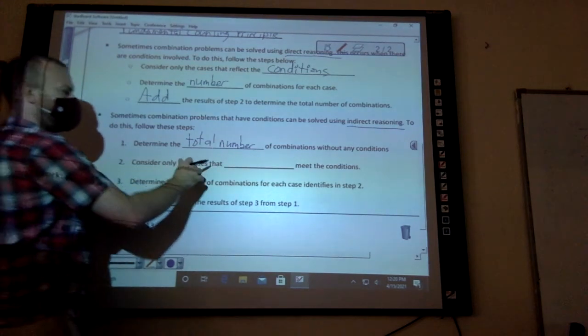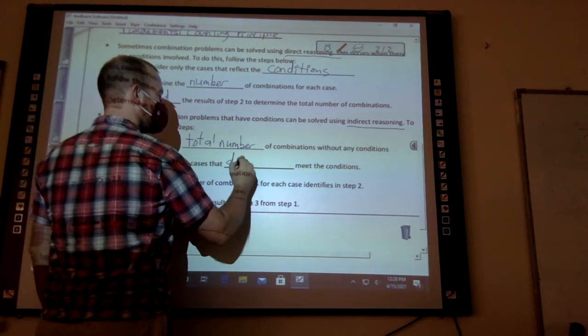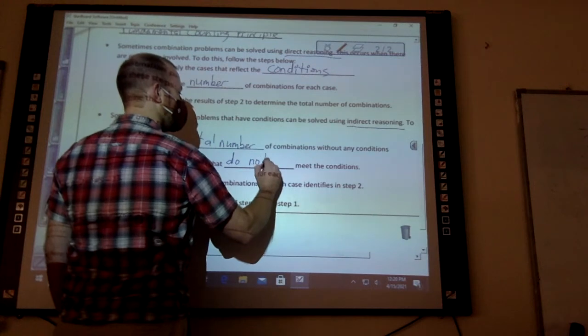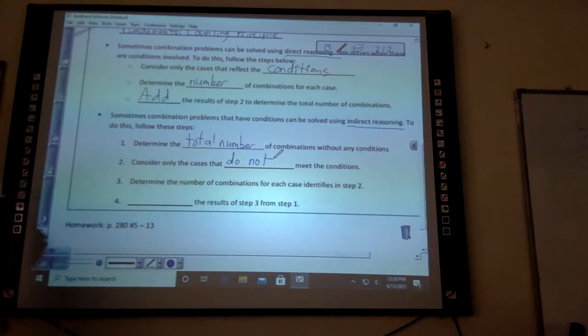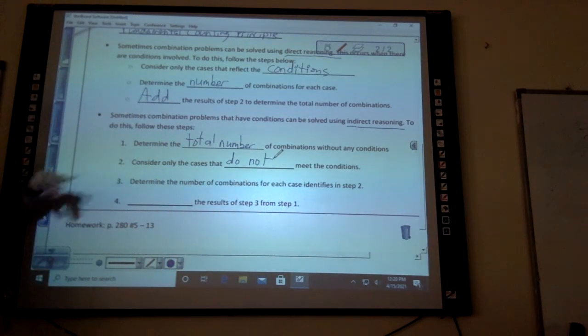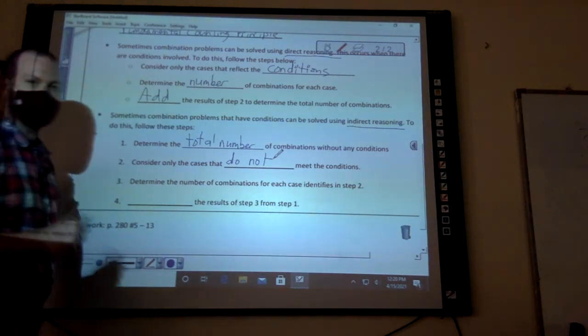Then we'll consider only the cases that do not meet the conditions. And then determine those numbers. And then subtract.